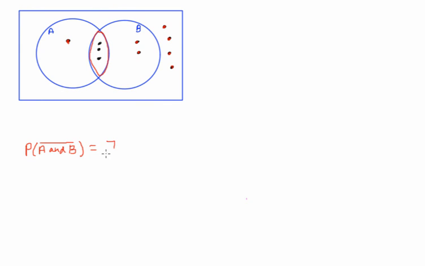There's 7 out of a total of 10. If you compare that with the probability that we did earlier, the probability that you're in A and B, 3/10, you'll notice that the complement and the probability add up to 1. 7/10 plus 3/10 is 1. 100% of the stuff.